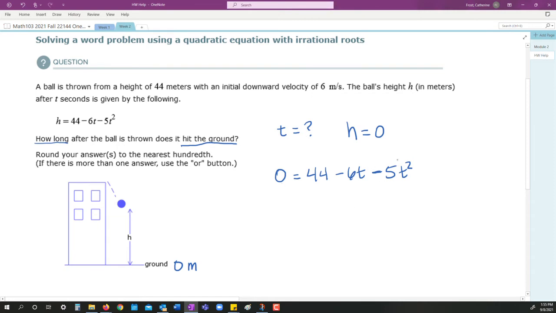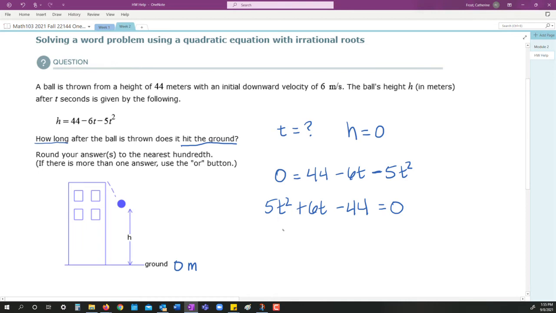I'm going to add 5t squared to both sides, then add 6t to both sides, and then subtract 44. It just switches all the signs on my terms. To me that's way easier to deal with.